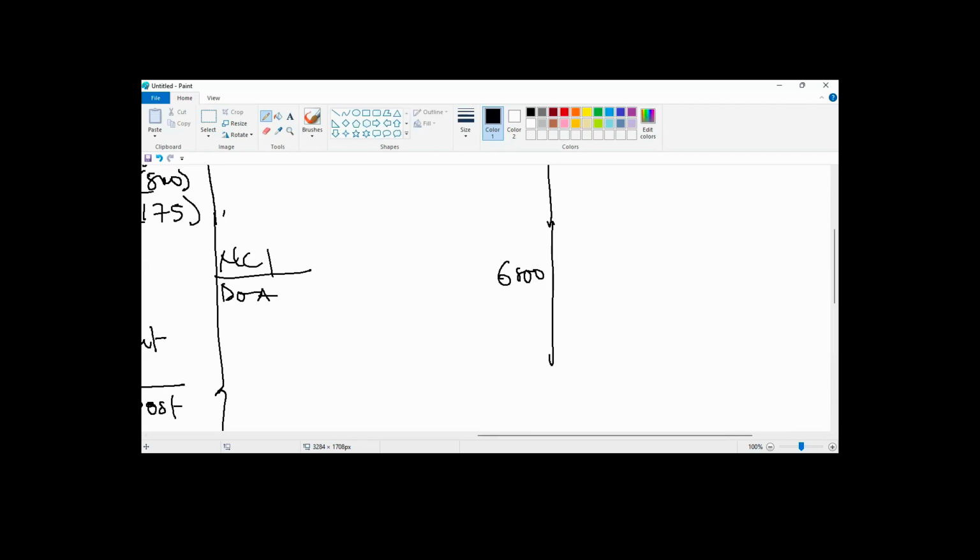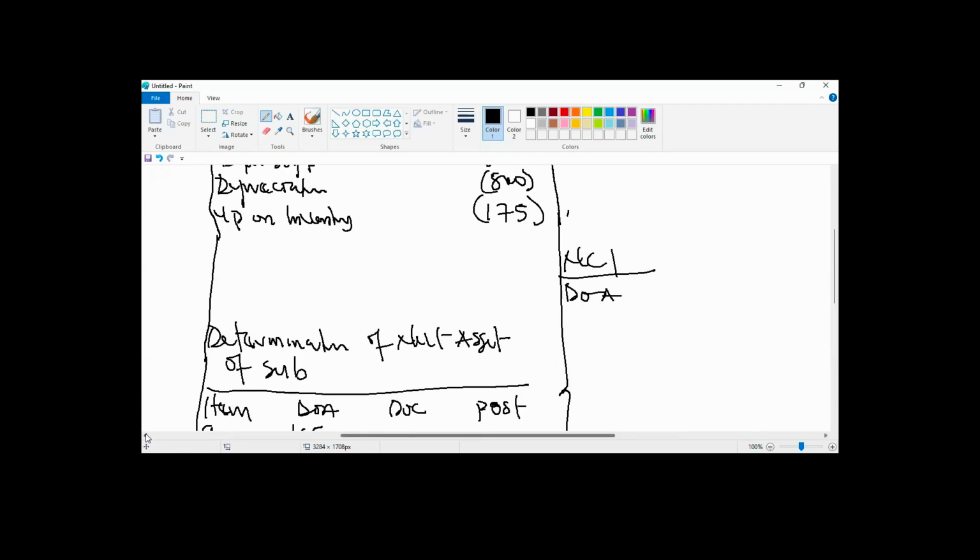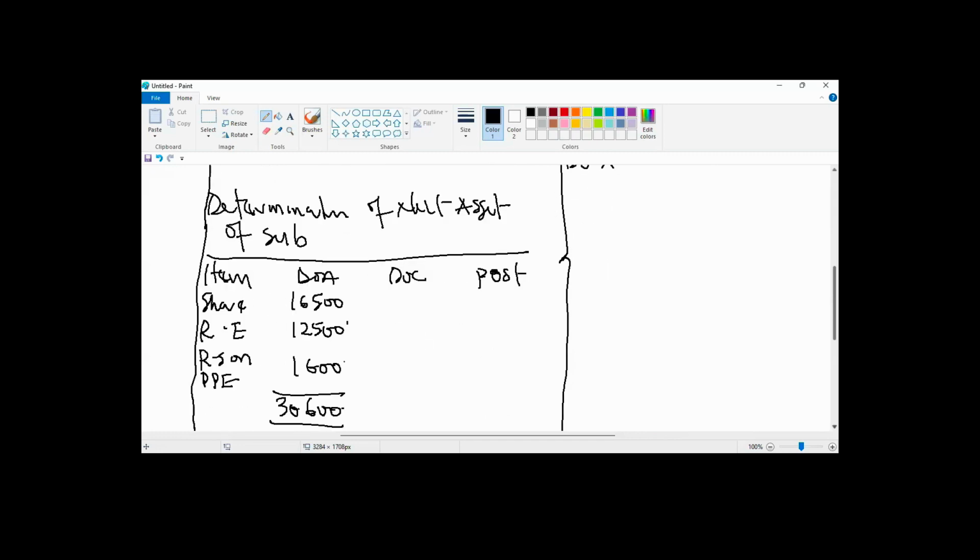What is the net asset? The net assets are 3,600. Out of the 3,600, how much will NCI collect?